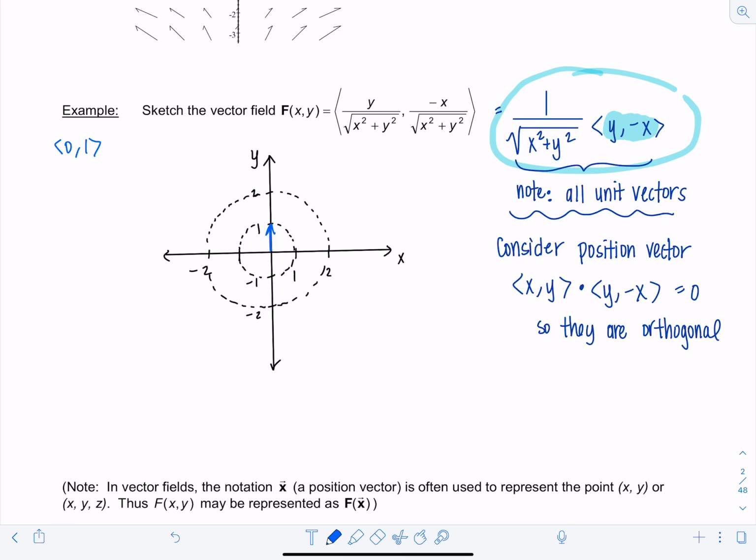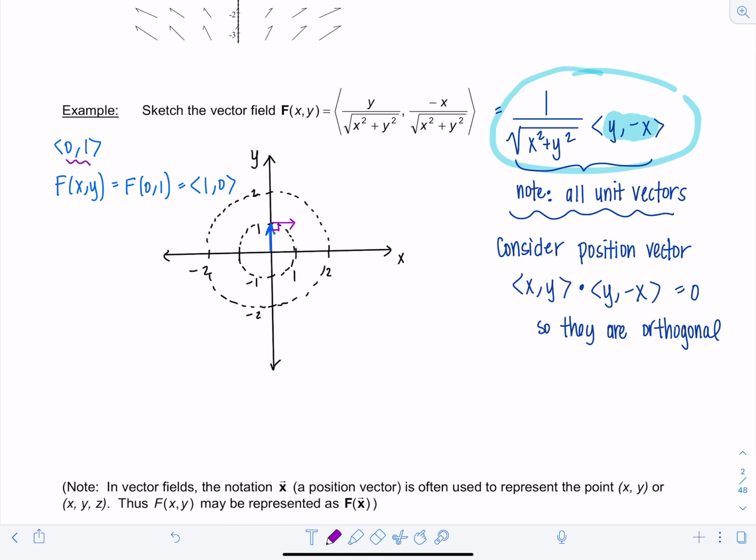I know that my vector field, f of x, y, f of 0, 1, is going to spit out the vector 1, 0. Okay, so what does 1, 0 look like? Now I'm going to change colors because this is actually our vector field. It's like this. There's 1, 0. Notice they're orthogonal, right? So I don't need to draw these position vectors every single time.